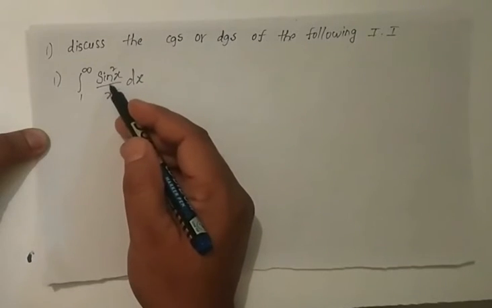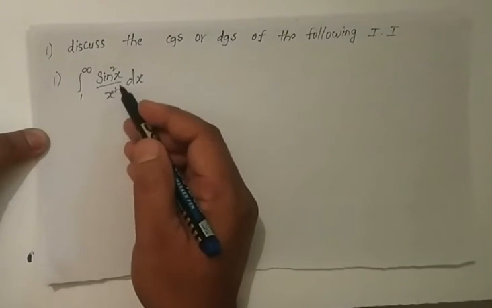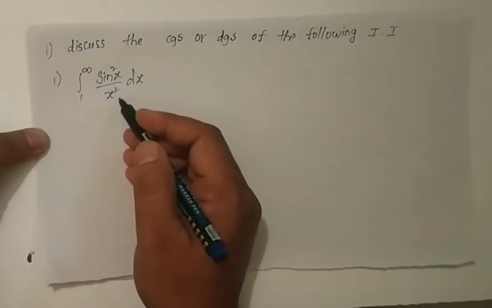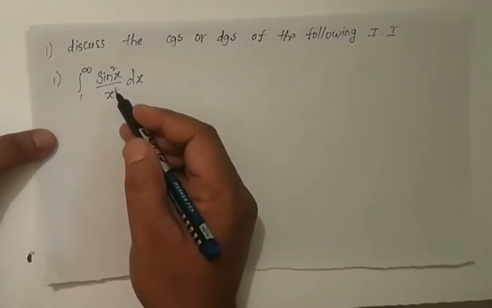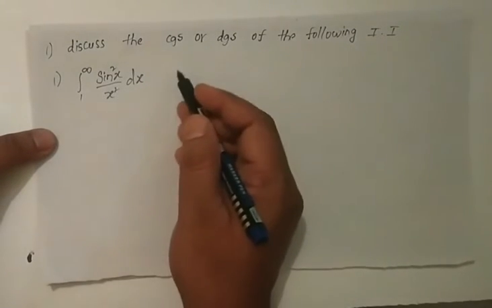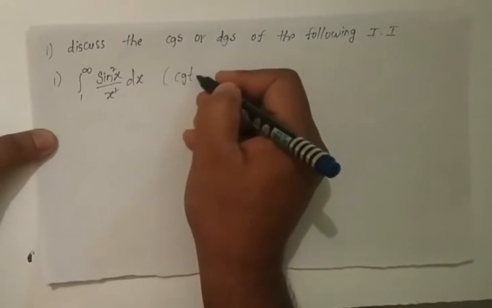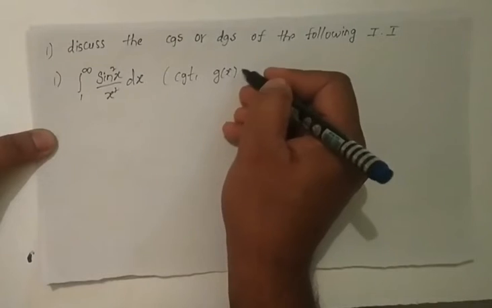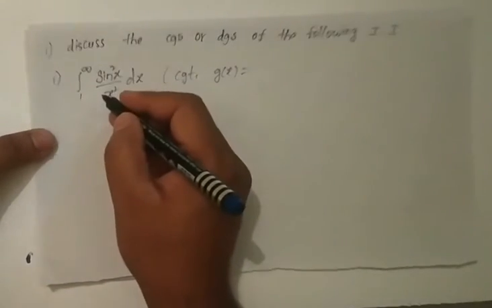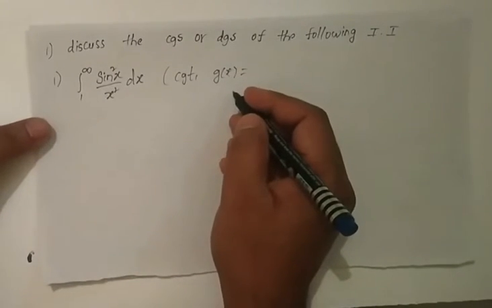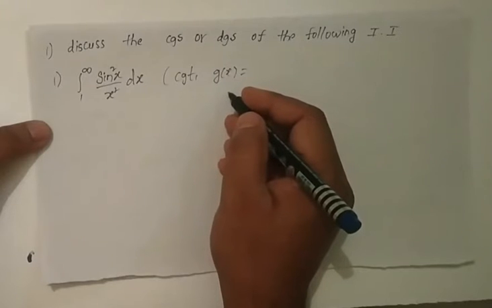This is the first function, f of x. What is the other function g of x? In this case, g of x will be 1 by x square, which is convergent.